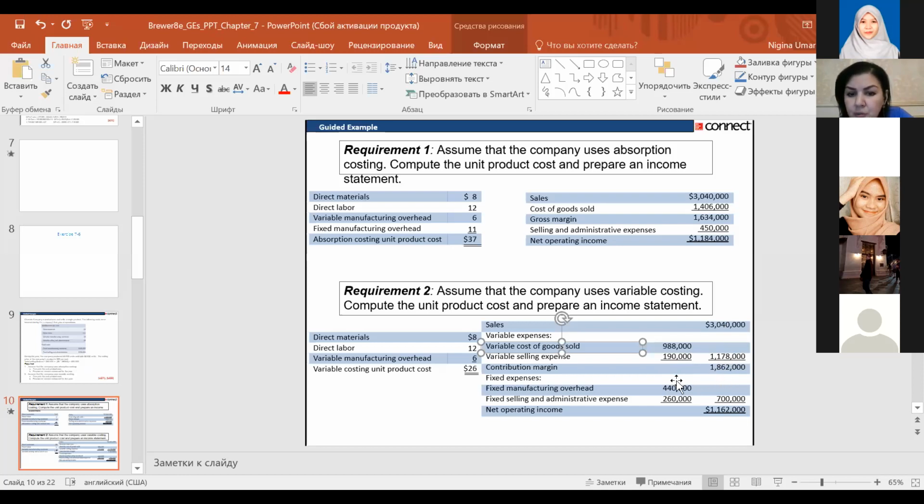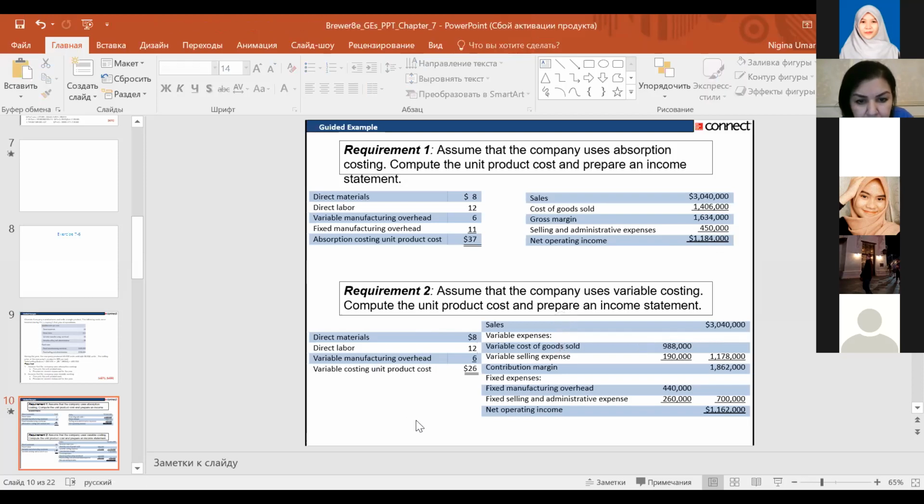From contribution margin we subtract the total fixed manufacturing and fixed selling and administrative expenses. And net operating income, you see, is lower than in the absorption costing system. So what is the difference? How do we know the difference? By how much is it lower in variable costing than under the absorption costing system? Who can tell me?